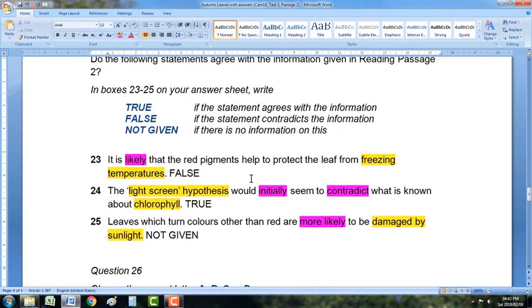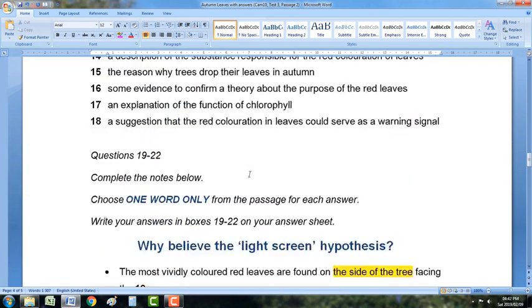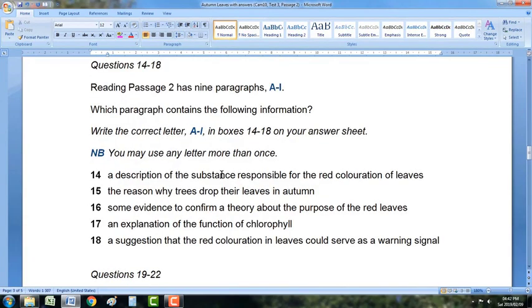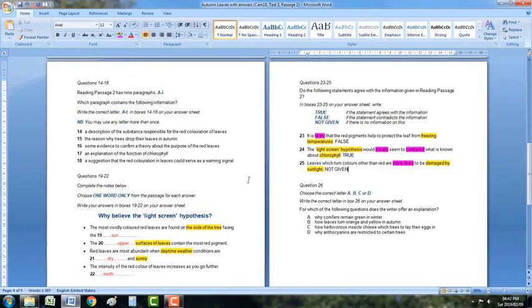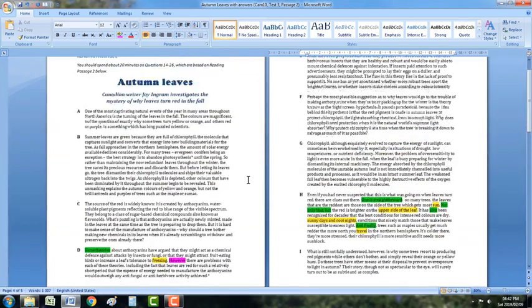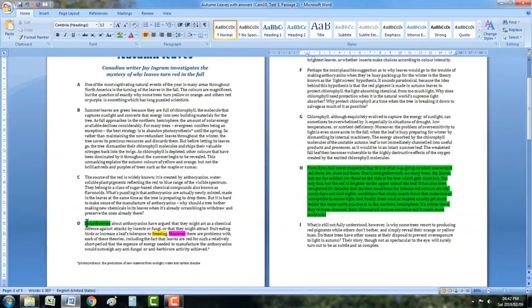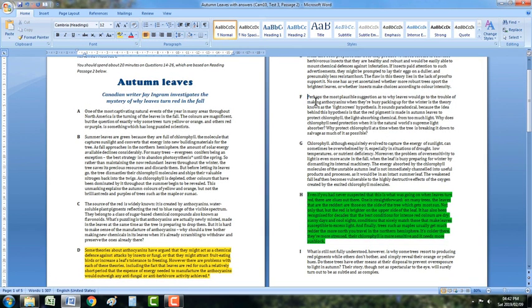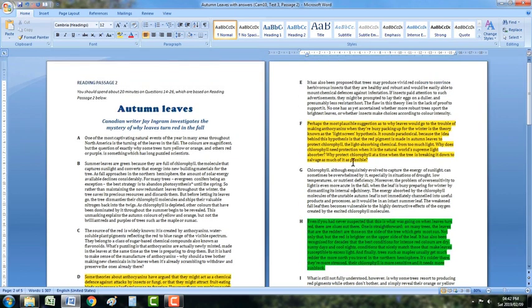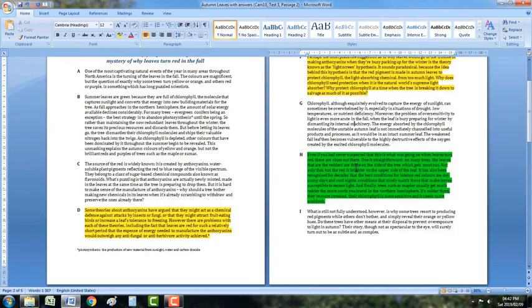All right. So now we're going to move on to these. And one thing I want to do here, I just want to see which paragraphs they've used. So we used this one. We used that one. And the true false not given. There's paradoxical, so we also used that one in the true false not given. We didn't use any of these others. So I'm not saying that they won't use these.